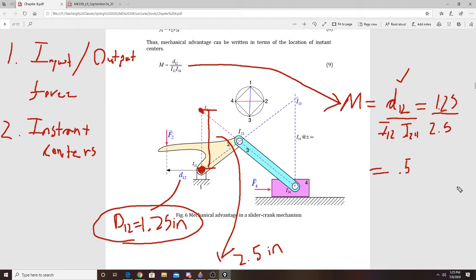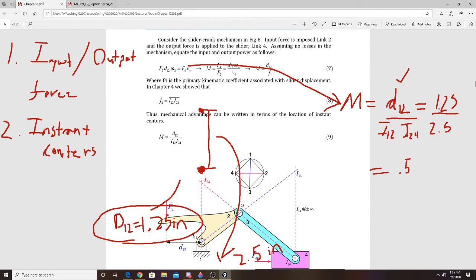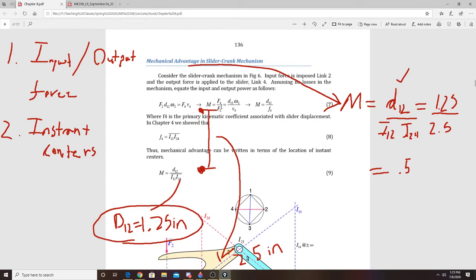So what that means is that for this mechanism, you are getting 0.5. That is the relationship between output force and input force. Does that make sense? Which is the equation shown right here. So F4 over F2.